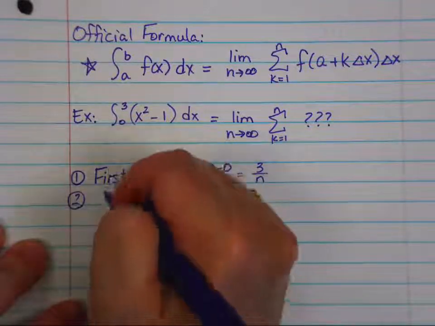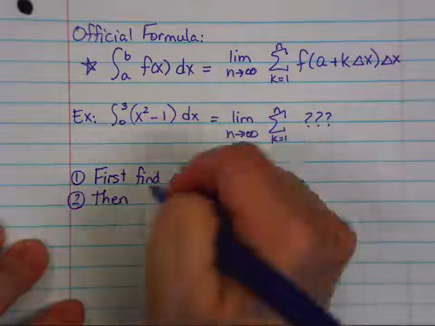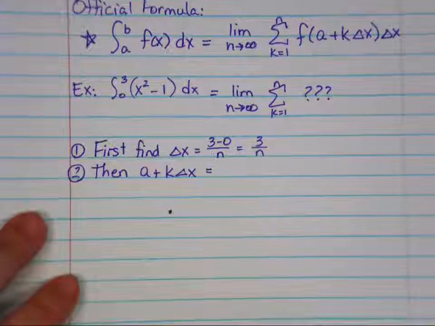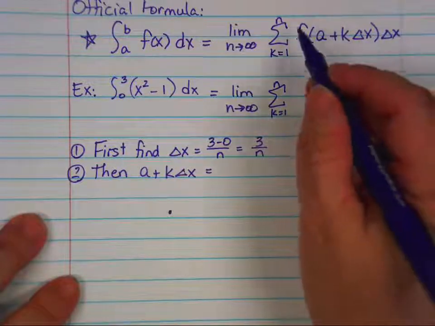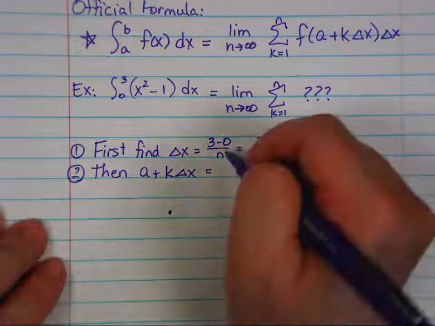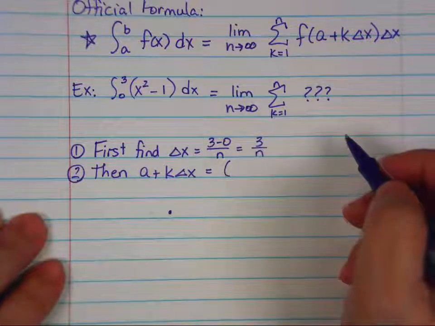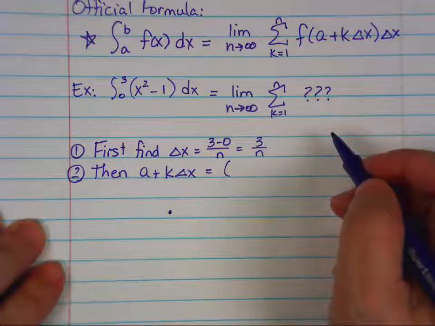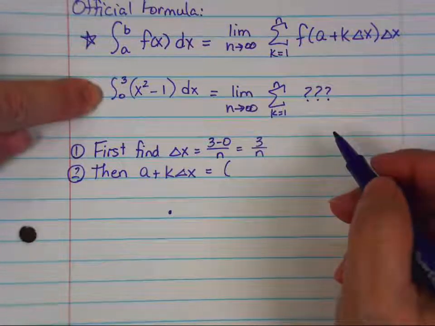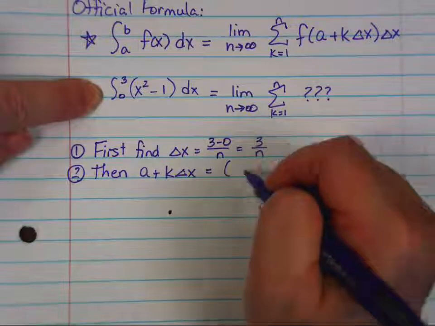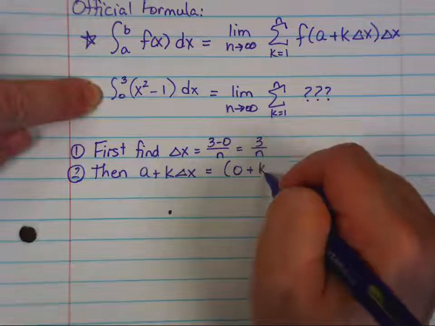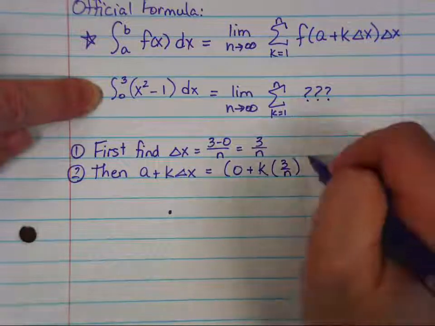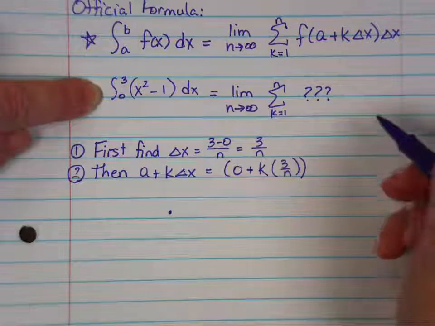Step 2. Then I've got to figure out what A plus K delta X is, because that is what's getting plugged into the function. What is A? What is A? Look right here, guys. What is A? A is 0. Remember, A is the bottom limit of the integral. 0 plus K times, I just figured out delta X is 3 over N. Does everybody see where I got all this?